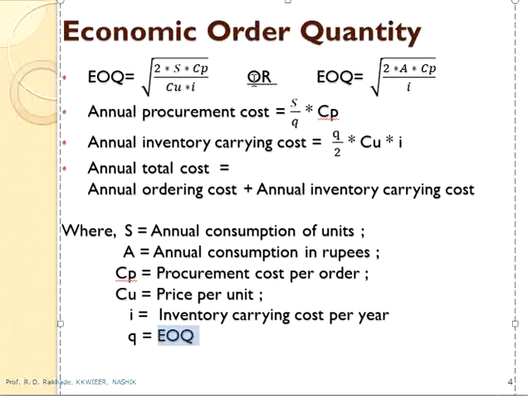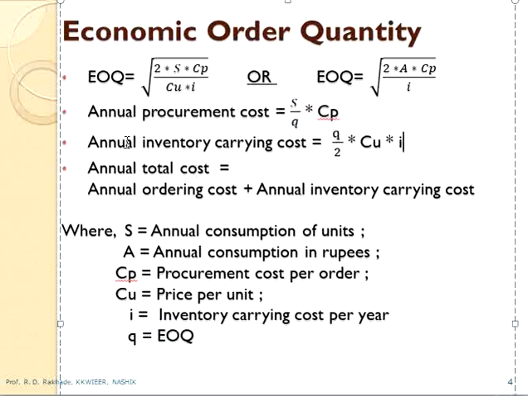So these are two formulae. Most of the time we use only the first formula, the one on the basis of the number of units consumed in a year. Then annual procurement cost depends upon S, Q and CP, as the formula given here.